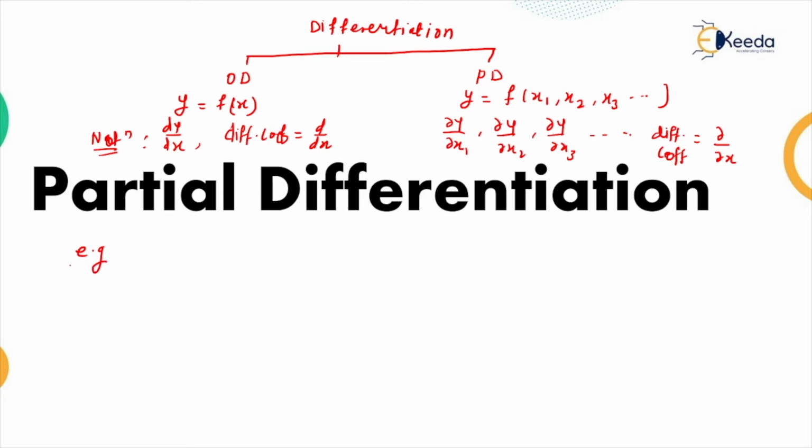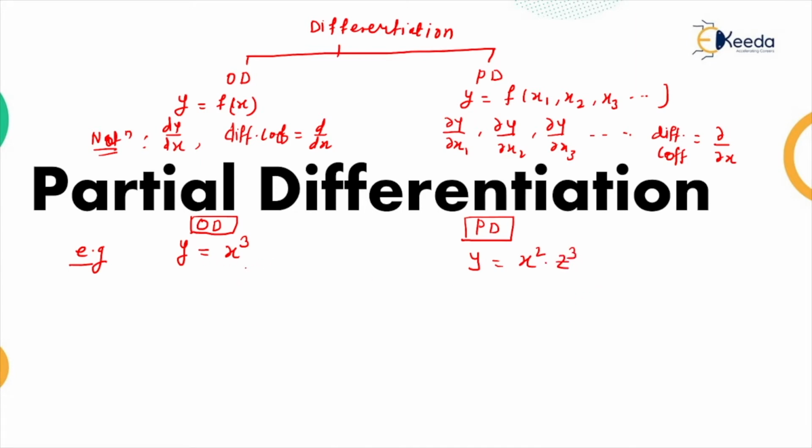But actually how do we take the ordinary and the partial differentiation? Let's see. For example, suppose I have the equation y is equal to x cube. Here I am saying OD, that is ordinary differentiation, and for the second I am considering PD, that is partial differentiation. Suppose I have the equation y is equal to x square into z cube.